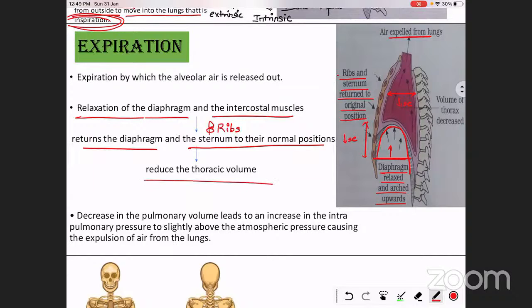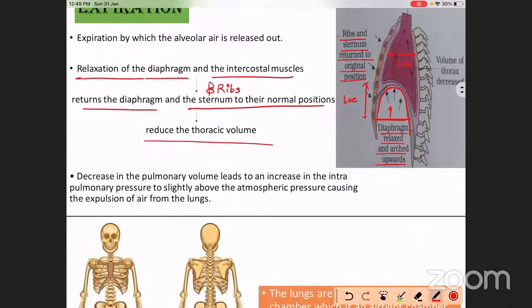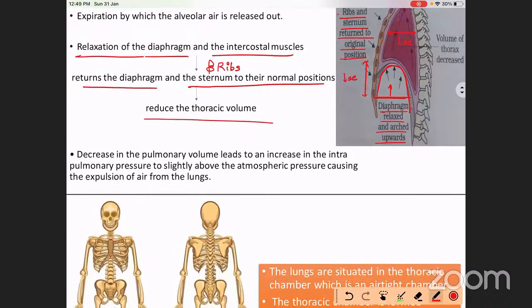Ultimately there is a reduction in the thoracic volume. If the volume has decreased, then what has increased? Intrapulmonary pressure has increased. So a decrease in the pulmonary volume will increase the intrapulmonary pressure slightly, not very much, just slightly above the atmospheric pressure. Because if you increase the pressure much more compared to the atmosphere, then most things will escape out from the body, not only the air.